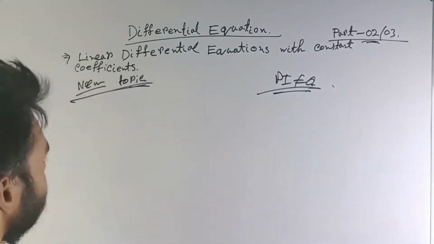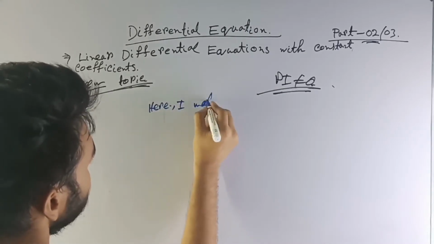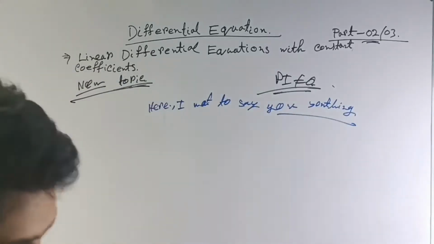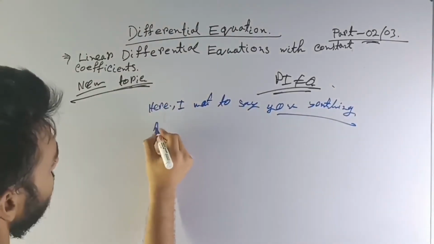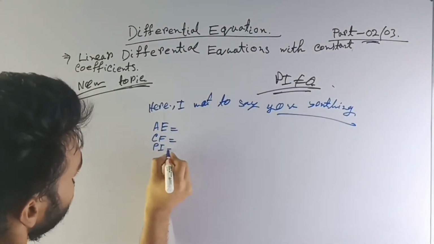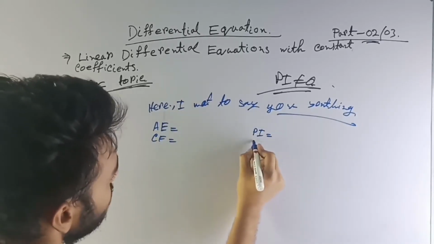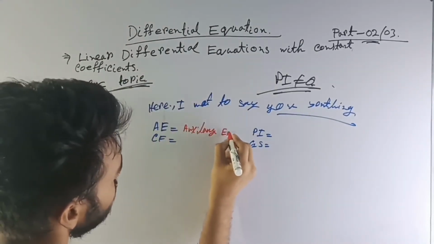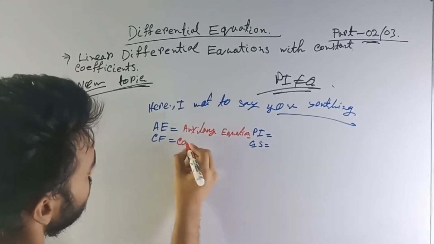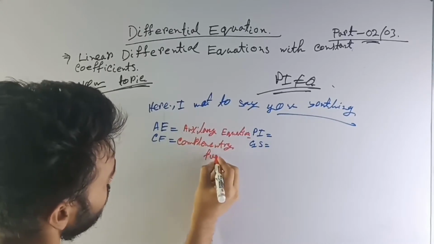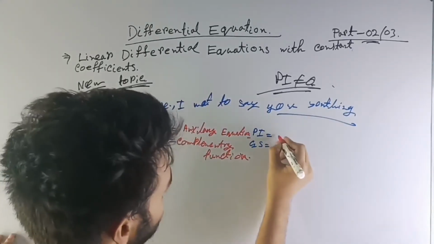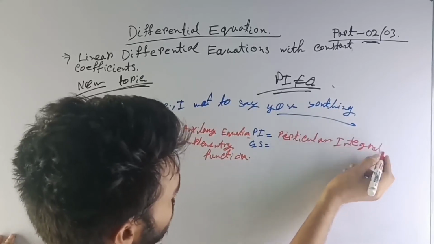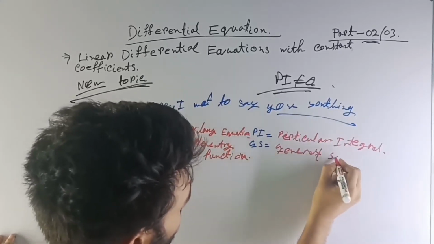I want to clear up some concepts: what are AE, PI, CF and GS. These are not names of any girls, so watch please. AE is auxiliary equation, CF is complementary function, PI is particular integral, meaning the integral working as the particular form, not the general solution.